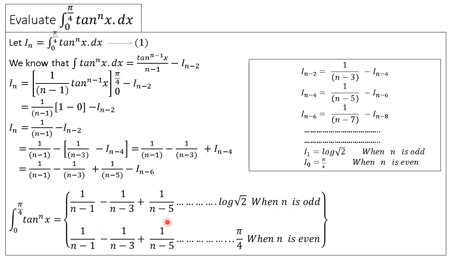And if n is even number, it ends up with pi by 4. Remember it acts as alternating sign, plus, minus, next one is plus and so on. It depends on the value of n, if n is odd number or even number.